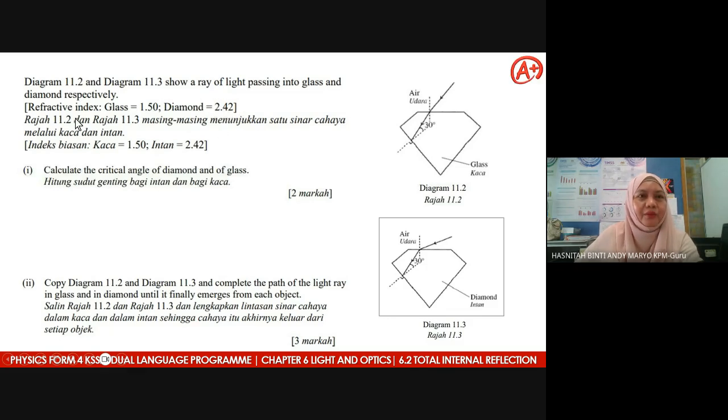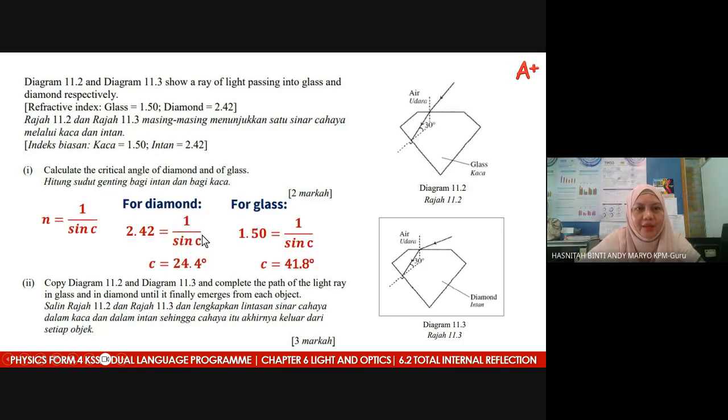Okay, so the first question, find the critical angle for both diamond and glass. Okay, students, what is the critical angle? How to find it? When you are given the refractive index, C can be determined from this equation: n equals 1 over sine C. So we replace for diamond 2.42, the refractive index.